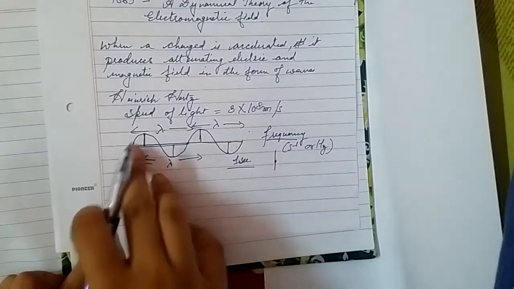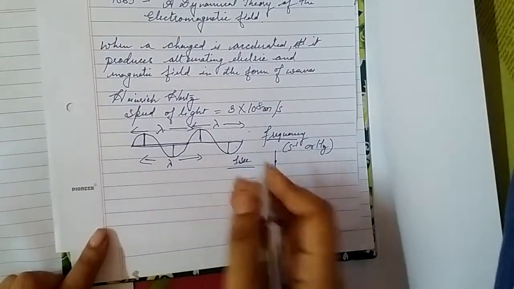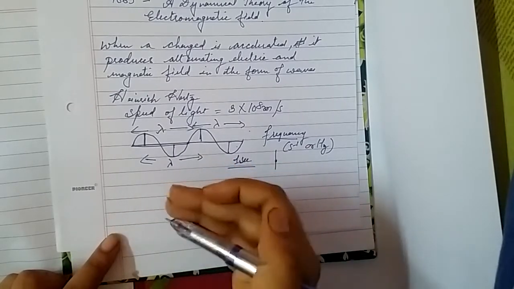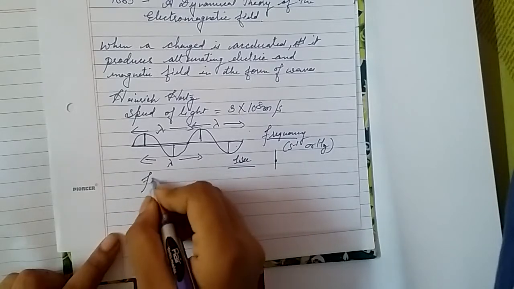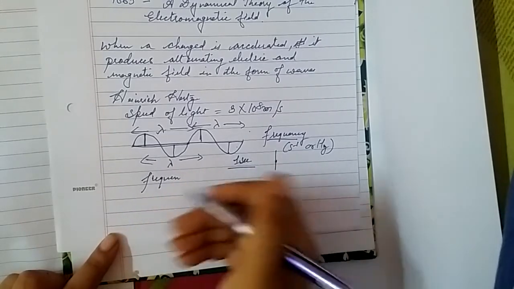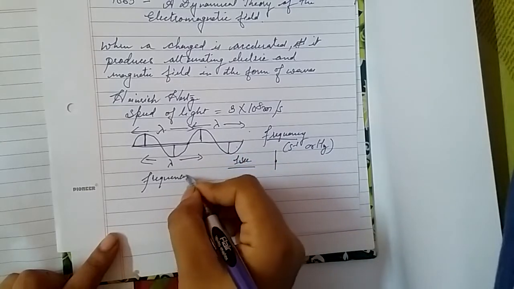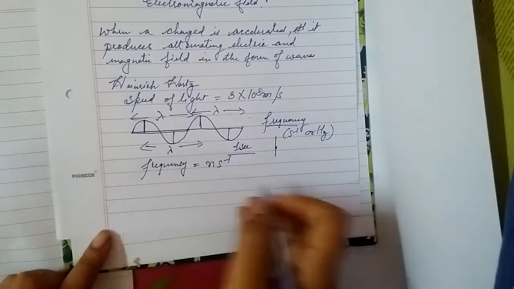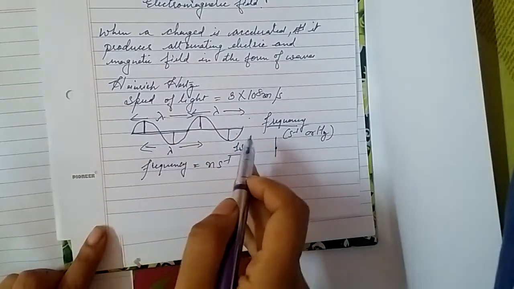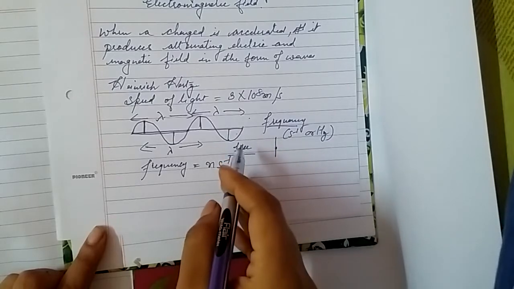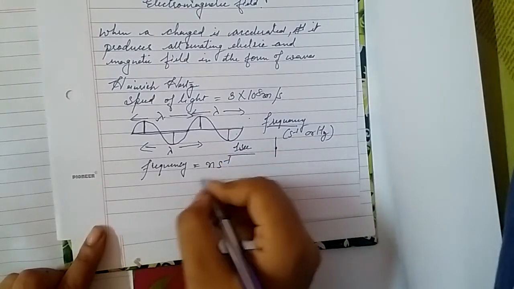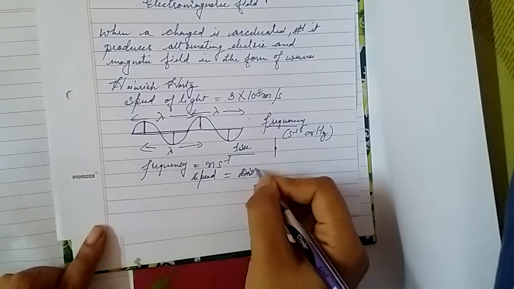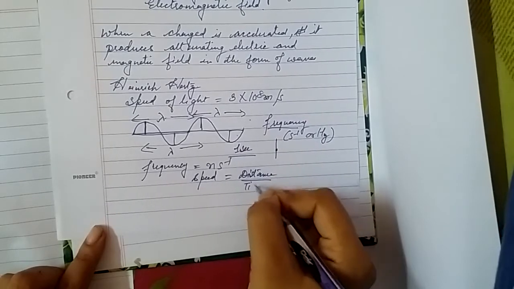So now let us consider a random electromagnetic wave which has a frequency of say n waves per second. If n waves are crossing the fixed point in 1 second, then the frequency becomes n per second. Now, we know that an electromagnetic wave has to travel with the speed of light, and we also know that speed is given by distance covered divided by time taken.